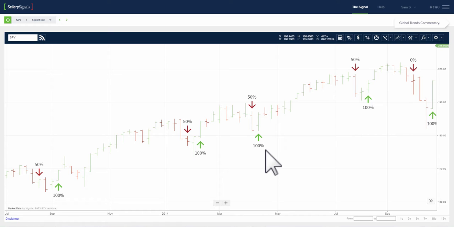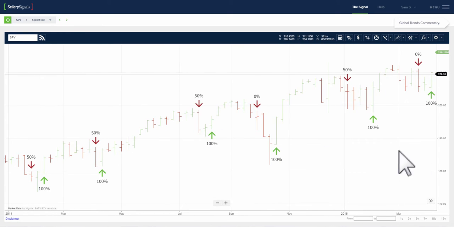Then you would most certainly want to pay attention to these 50% exposures, which don't look like a whole lot on the S&P 500, but very much make a lot more sense on an individual security that can have volatility swings of 10 to 30% within a handful of weeks. So that's what it looks like in a rising environment.